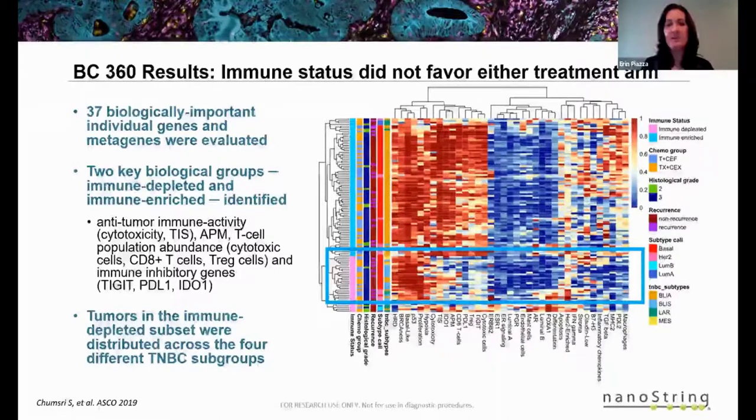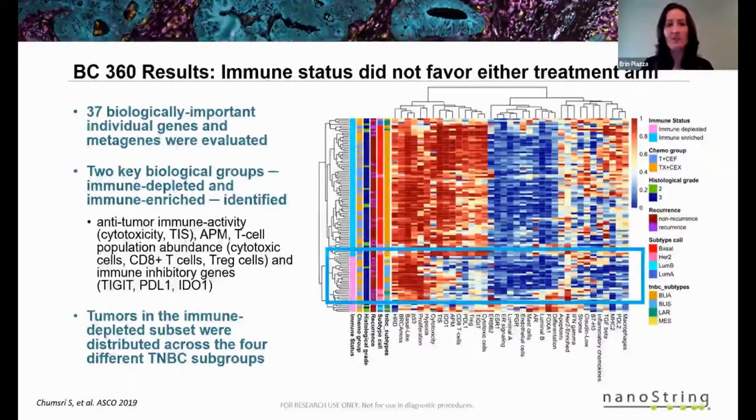And these signatures were supplemented by some of our cell type profiling, again, the same cell type profiling in the Tumor Signaling 360 panel. Again, we see these 2 key biological groups, both the immune hot and immune cold, or depleted and enriched. And the anti-tumor immune activity is what clusters those various samples.